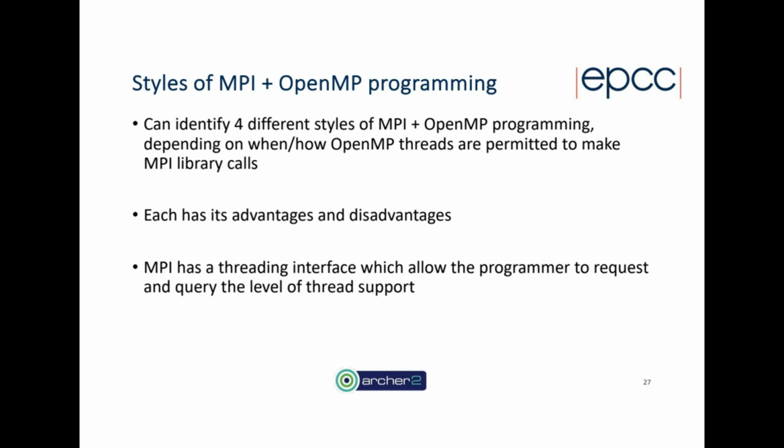Okay, so I'm going to move on and think about the different styles of writing MPI and OpenMP together. Essentially, we can identify 4 different ways of doing this, and the differences come from when and how OpenMP threads are permitted to make MPI library calls. Each of these has advantages and disadvantages.